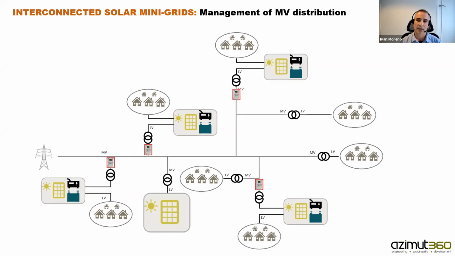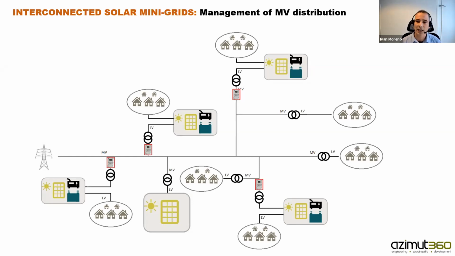In this scheme we can also have big PV plants, as seen in the previous slide, feeding the utility grid, and then the solar fraction is bigger.